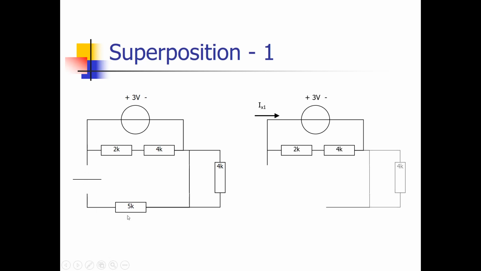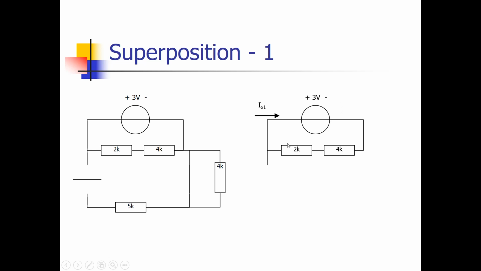What we also can see is that this part of the circuit, that short circuit parallel to a resistor of 4K, can be left out because also here no current can flow, since there's no connection anymore to this voltage source. So this is the only part of the circuit which is left, and now we can calculate the contribution to Ix due to this voltage source.